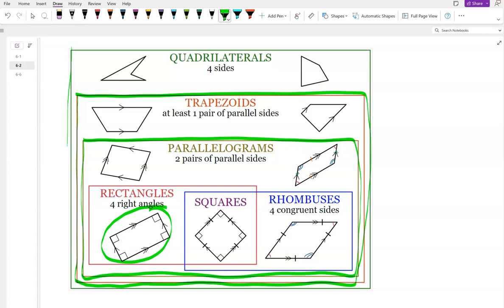And then the most obvious one: if there's an option for quadrilateral, yes, it's a quadrilateral, because a quadrilateral is any 4-sided shape. So if the picture they give you is a rectangle, you would pick 4 different answers: quadrilateral, trapezoid, parallelogram, rectangle, right? Where most people have been confused is that they want to pick just the one, because I think in 6-2 you were just picking the one answer, right?